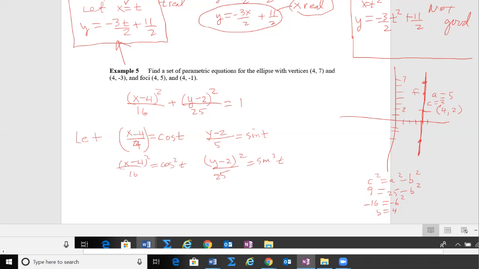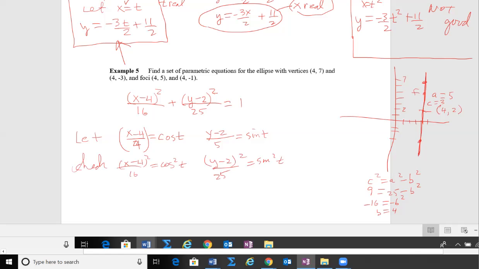And when you add those together, you get a 1. So this is the right way to choose your parametric form. Now, this is my check for that. Okay, it does work. I can see that pretty quickly. Adding these would give me the 1.